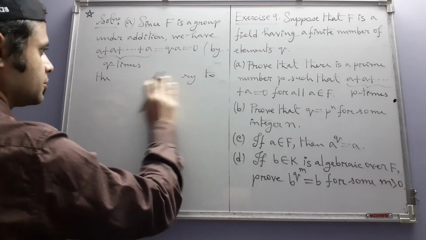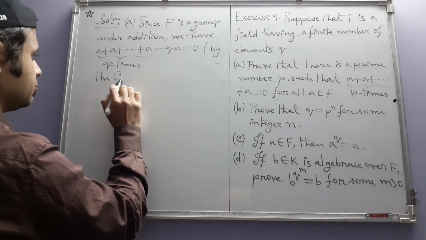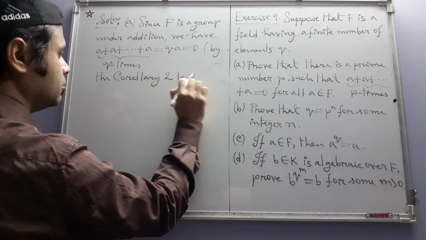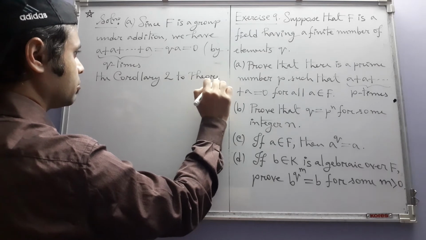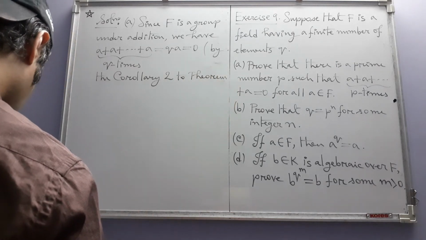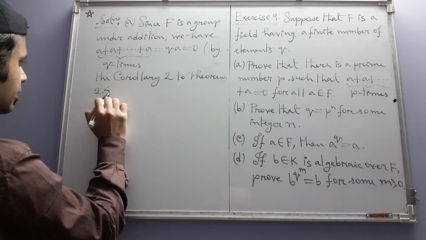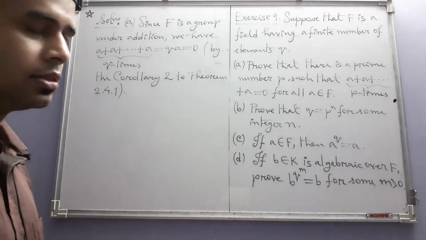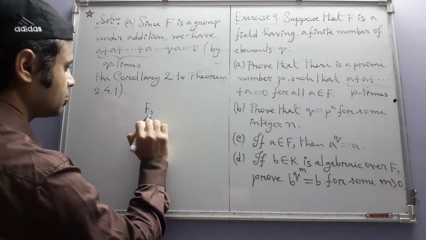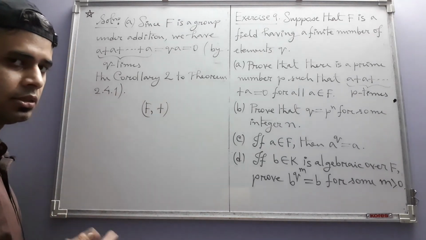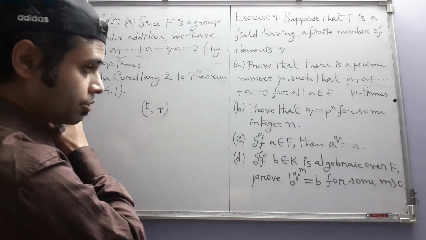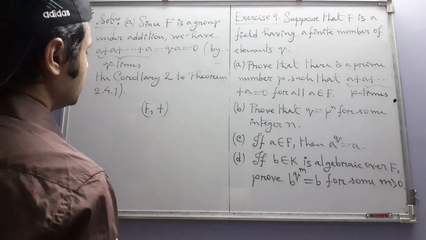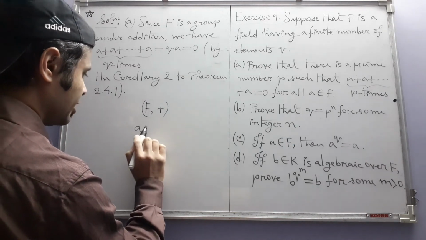It has a name, so we can refer to the name, corollary to theorem number 241, that is nothing but Lagrange's theorem. So what we have done here is this. This is a group, we know, in fact it's an abelian group, although we don't need commutativity of the group structure here. Now that means what?